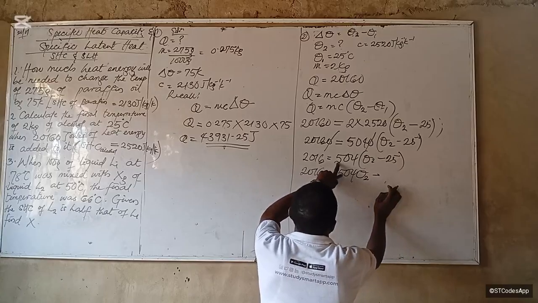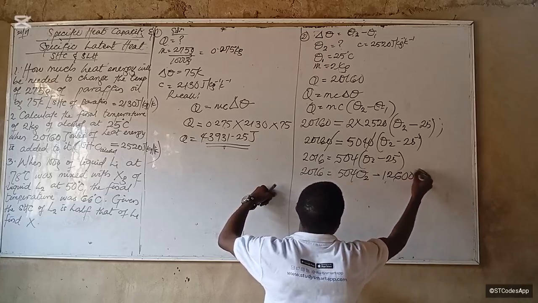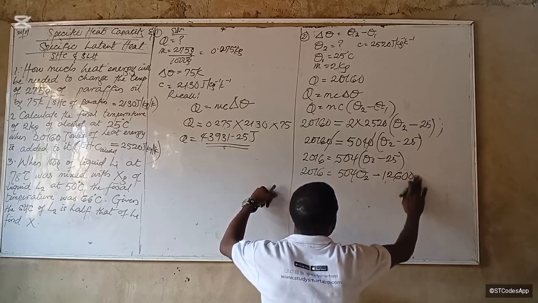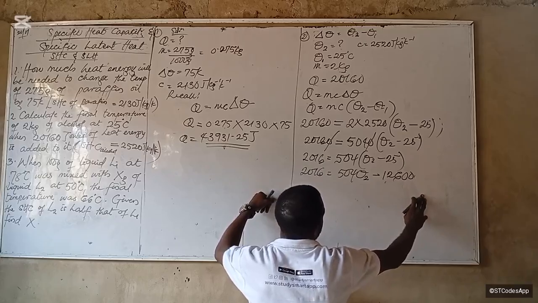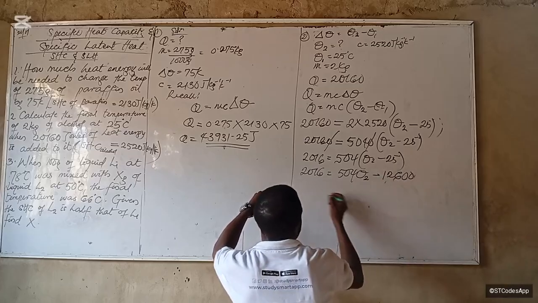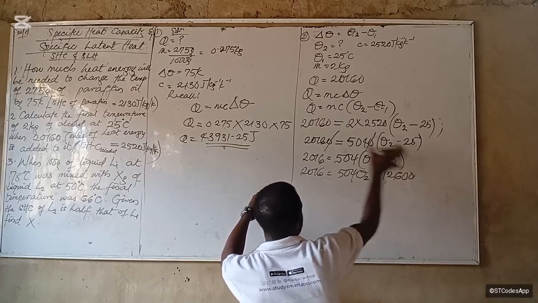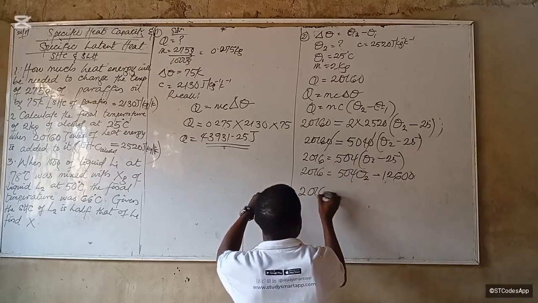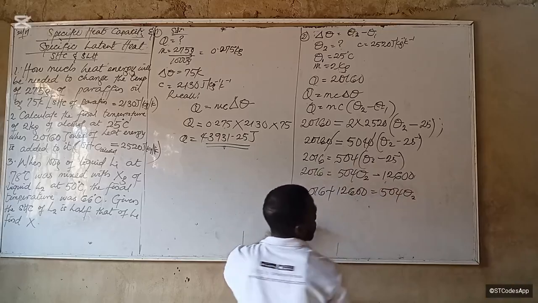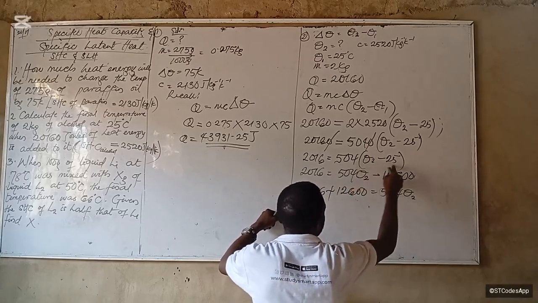504 times 25 is 12600, that's correct. So what do you do now? You collect like terms, so this guy will come here. We have 2016 plus 12600 is equal to 504 theta 2.